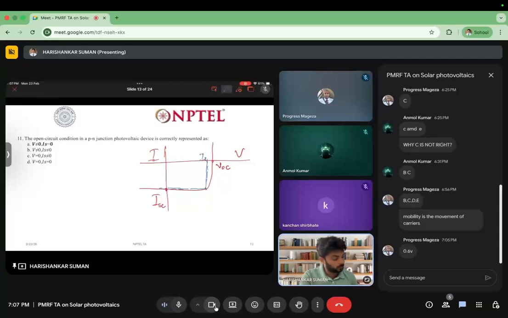This is Vmax, here is Imax. Here is the applied voltage. This point is V equal to 0 and I equal to ISC, and this point is voltage equal to VOC and current equal to 0.